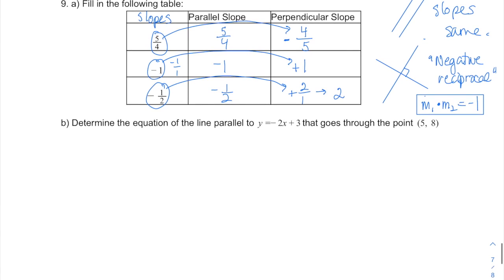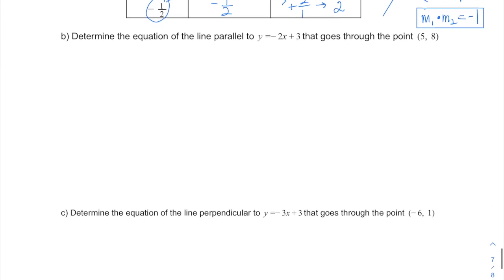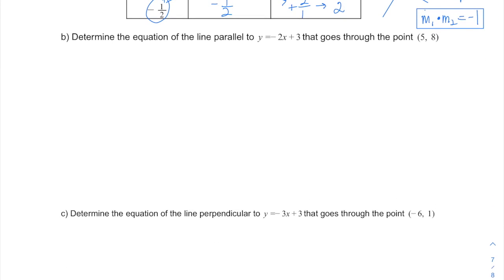Okay, so now let's do some problems. We want to determine the equation of the line parallel to y equals -2x plus 3 that goes through the point 5, 8. So essentially, let's say this is my original line, y equals -2x plus 3.